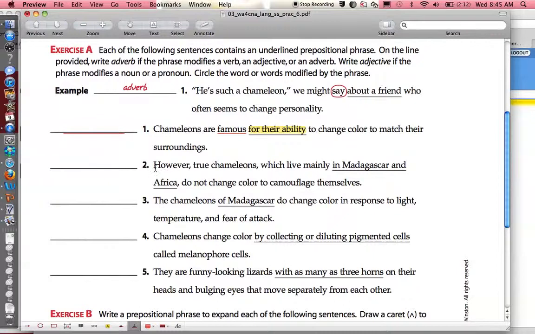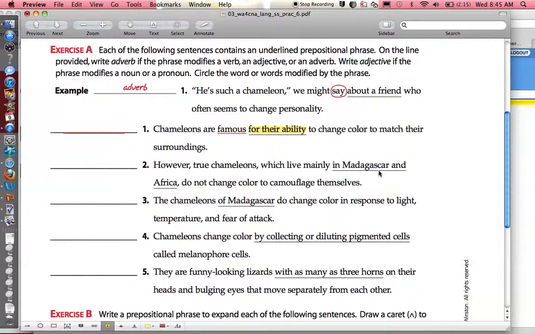Number 2, and you can feel free to pause the video and do number 2 by yourself and then come back to it and have me walk you through it and check your understanding. So number 2, however, true chameleons, which live mainly in Madagascar and Africa, do not change color to camouflage themselves. So again, we have our prepositional phrase already underlined for us. In Madagascar and Africa.